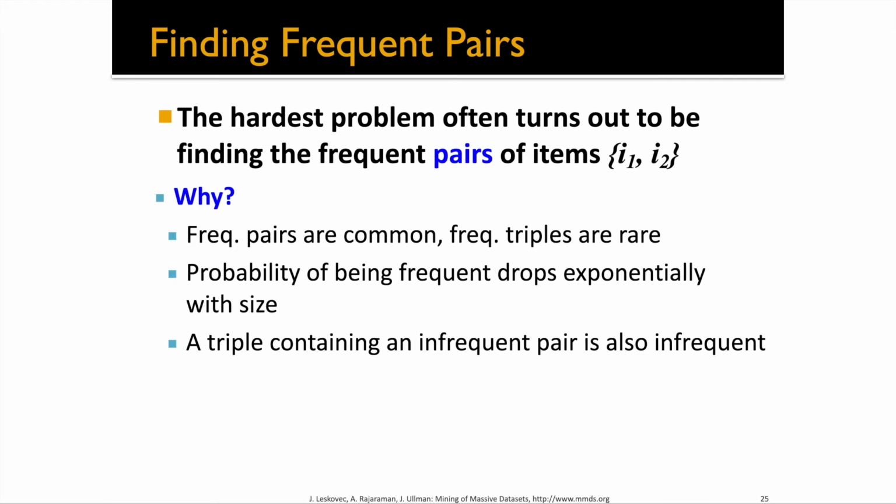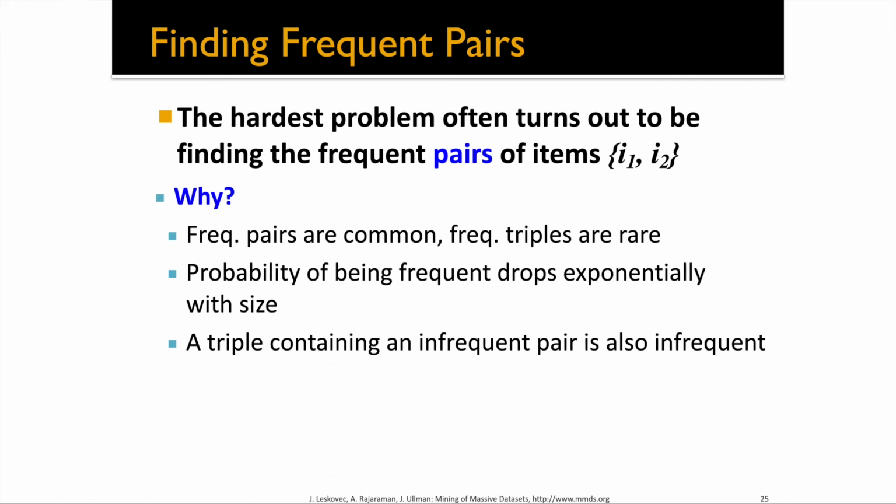And then in addition, from an observation that we had earlier, any triple that contains an infrequent pair must also itself be infrequent. If a triple is itself frequent, then all subsets of that triple must also be frequent, definitionally.